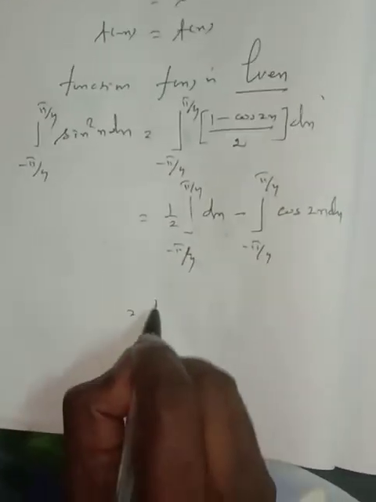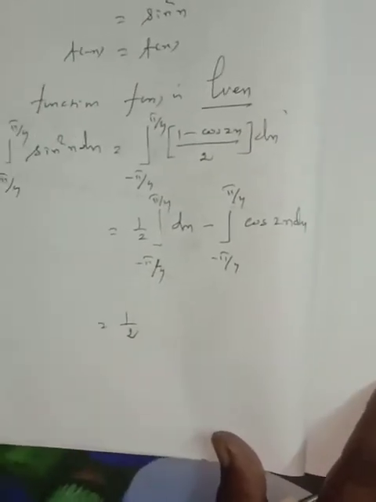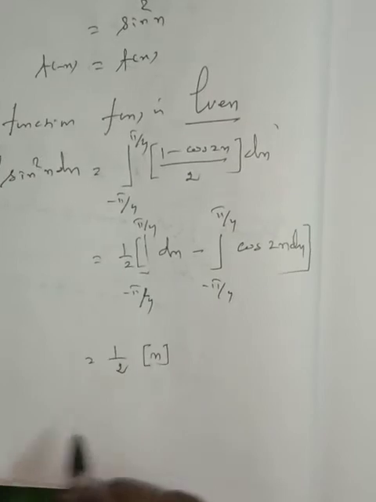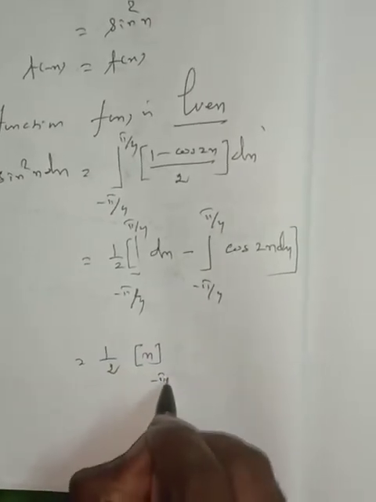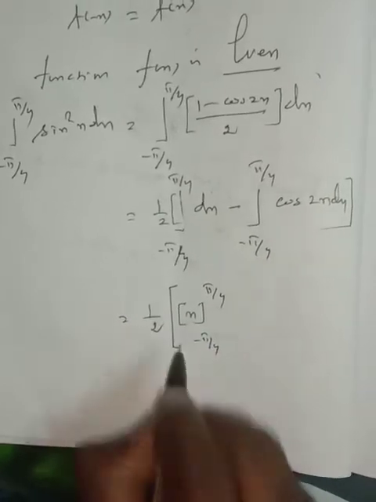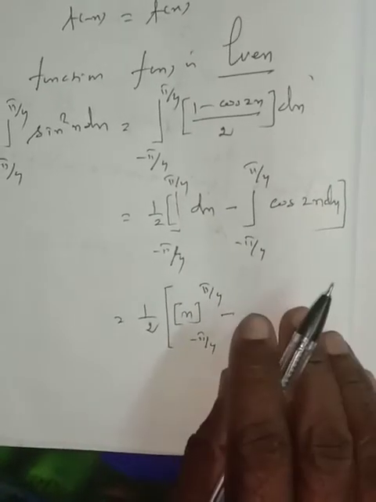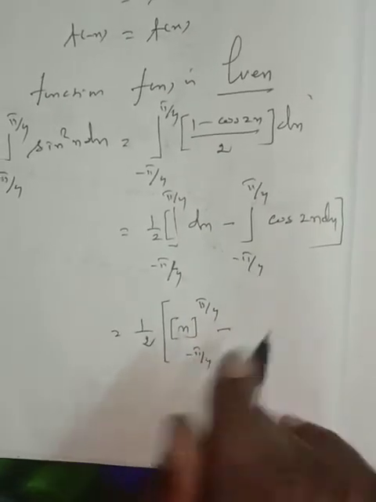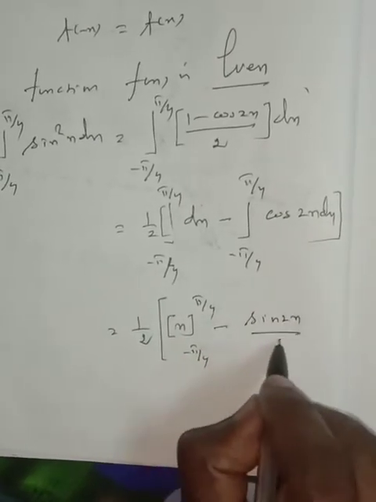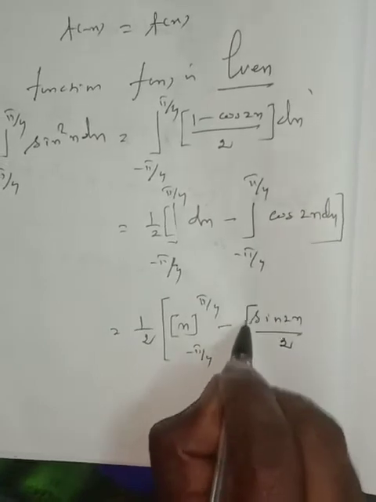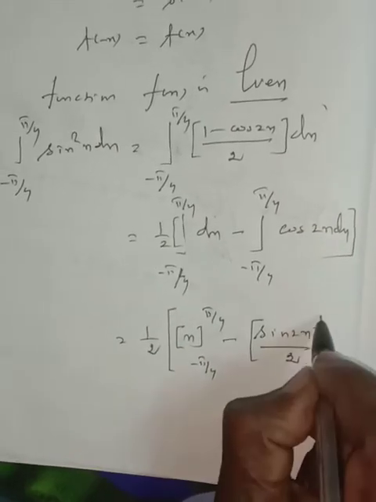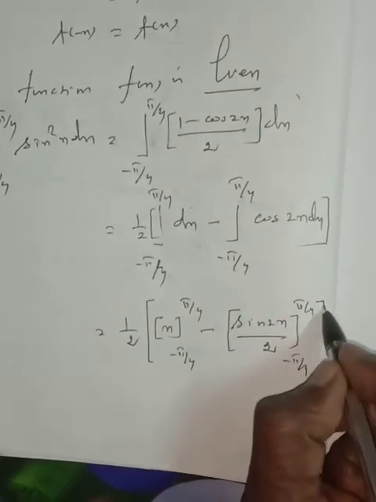It becomes 1 by 2, x taken over the limit minus pi by 4 to plus pi by 4, minus, integral of cos is sin, so sin 2x divided by 2, taken over the limit minus pi by 4 to plus pi by 4.